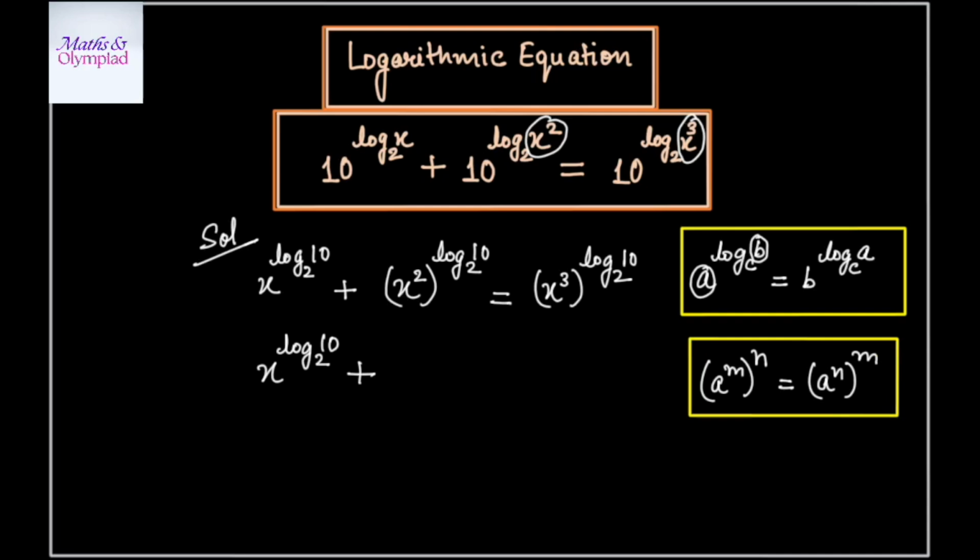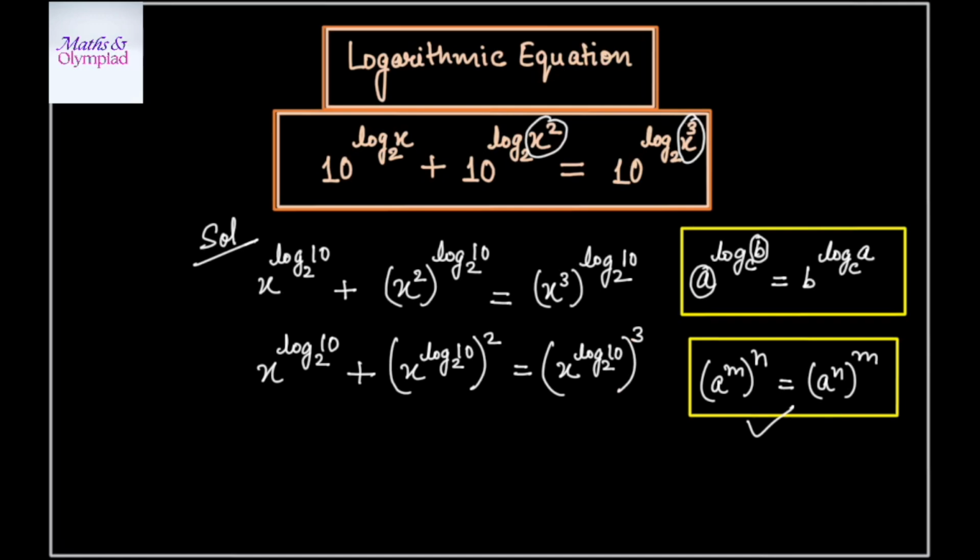So by applying this law, we can write x raised to the power log 10 to base 2 whole raised to the power 2 equal to, again I am applying the same rule, x raised to the power log 10 to base 2 whole raised to the power 3. Now if you see, we have a common term x raised to the power log 10 to base 2.